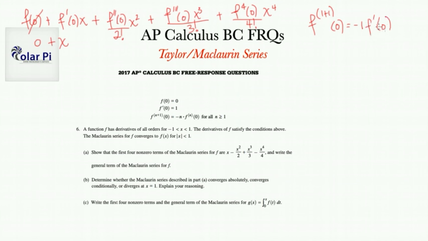So f prime of 0, they said, is 1. So in total this is negative 1 times 1, which is negative 1, again because f prime of 0 by the given is 1.